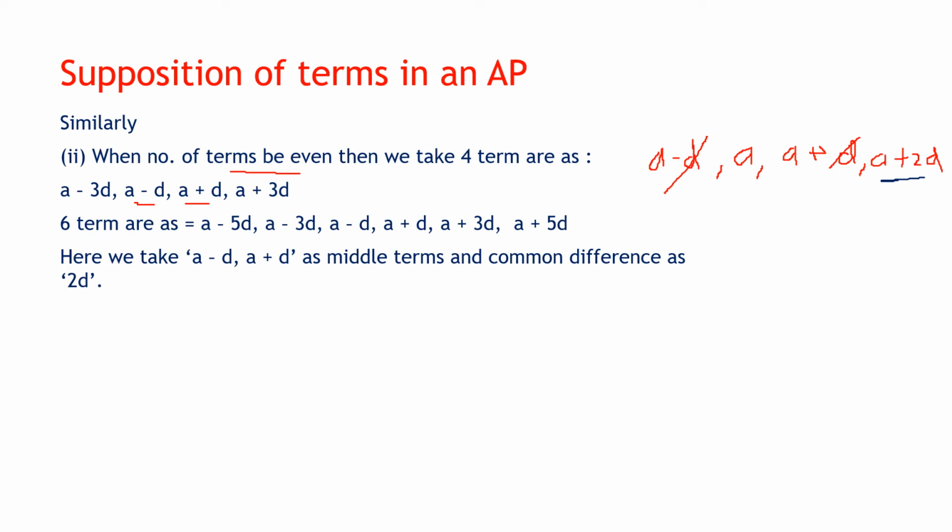But then if you take a minus d and a plus d, what is the difference you get? So a plus d minus a minus d. Yes, you have to find the difference.